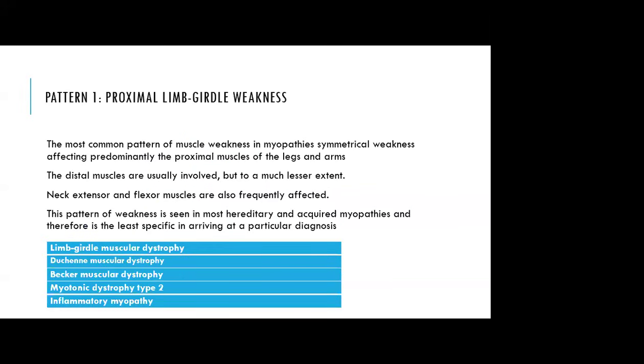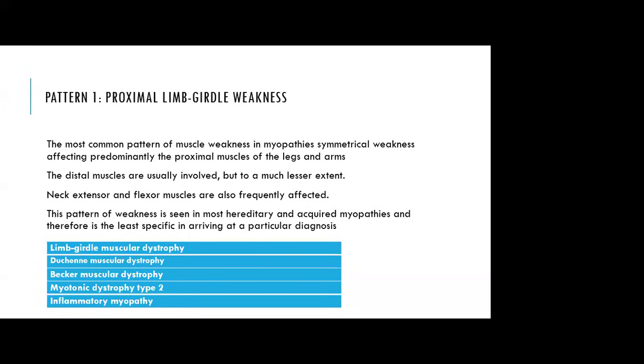So coming to the first pattern, we have proximal, which is a limb girdle weakness. It's the most common pattern of muscle weakness in myopathies. It's symmetrical weakness affecting predominantly the proximal muscles of the legs and arms. The distal muscles are usually involved, but usually to a lesser extent. Neck extensor and flexor muscles are also frequently involved.